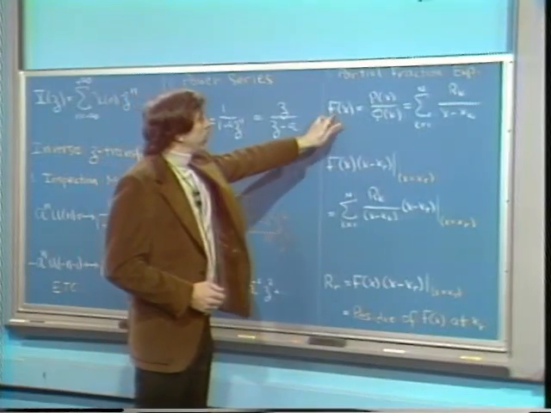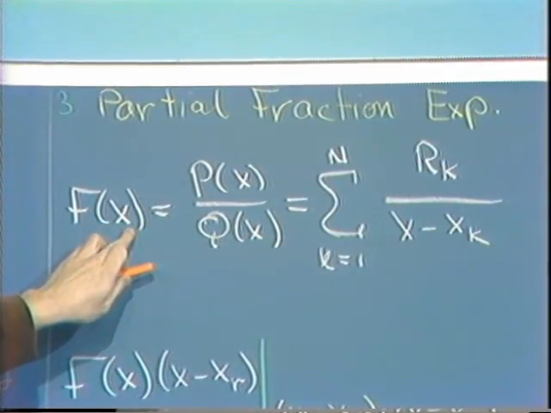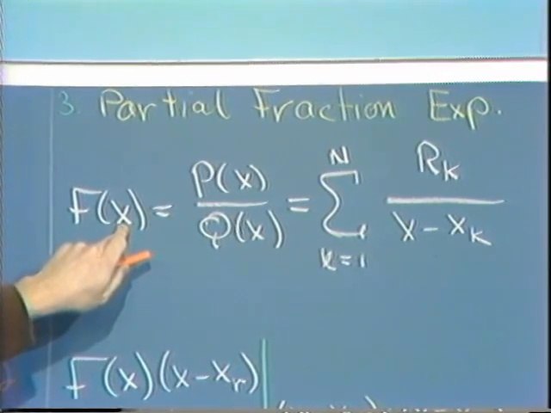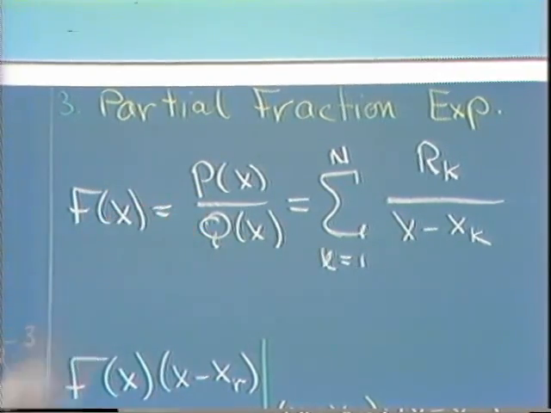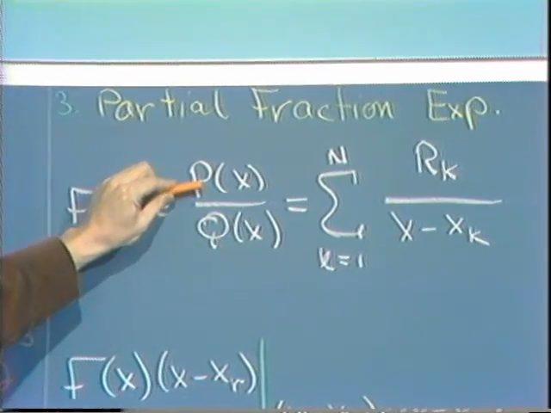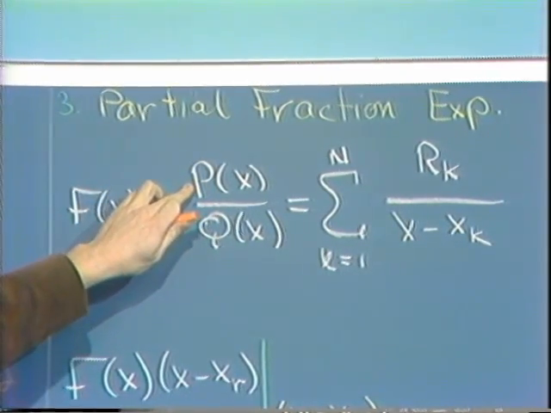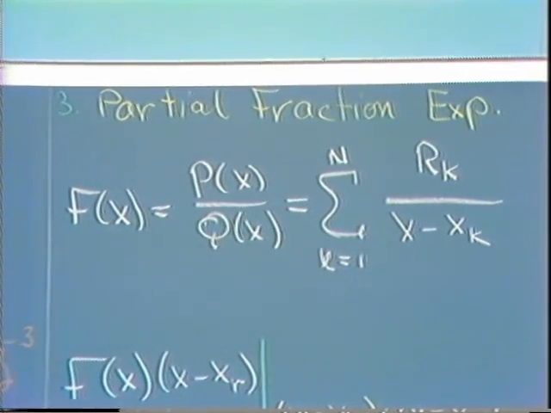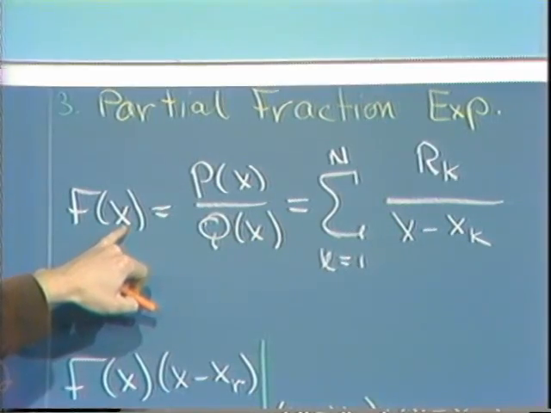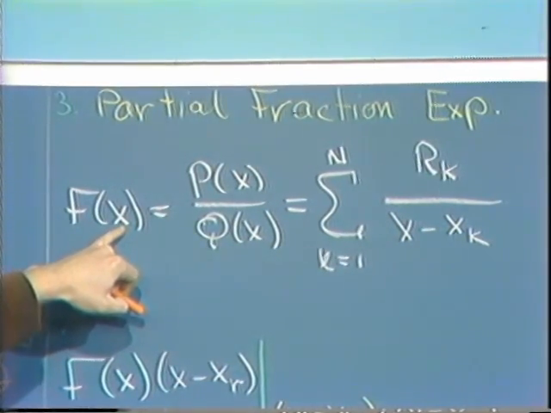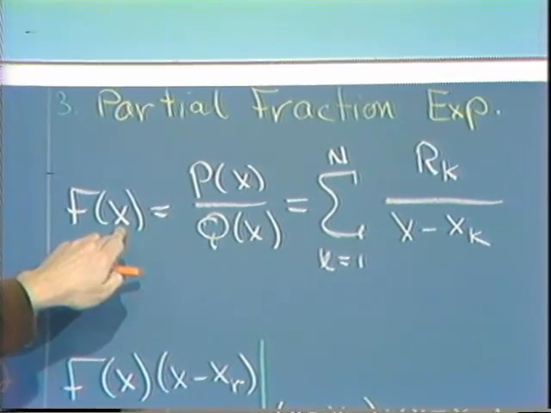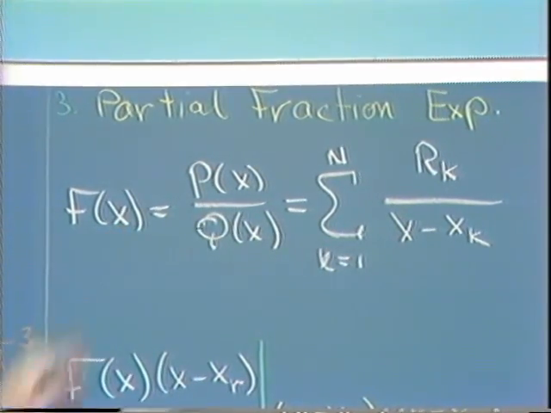Let's consider a general function of a variable, I'll take as a complex variable, x, which is a rational function in x. It is one polynomial in the numerator divided by a denominator polynomial. And let me remark incidentally that you shouldn't confuse this x with the sequence values x[n] that we've been referring to. This is simply some arbitrary complex number or complex variable.